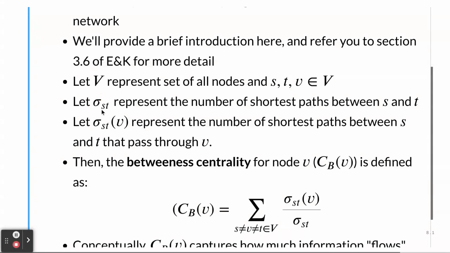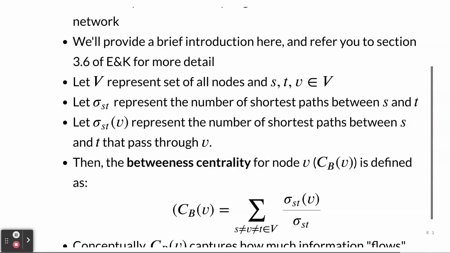We'll then say that sigma ST represents the number of shortest paths between S and T. In order to compute sigma ST, we first need to find the distance between S and T, which again is defined as the shortest possible path length between S and T. And then we'll have the distance in hand, and we'll just count how many possible distinct paths that connect S and T have a length equal to that distance.